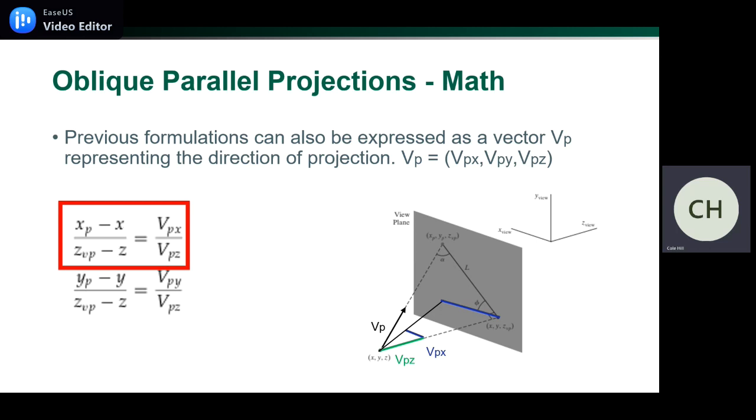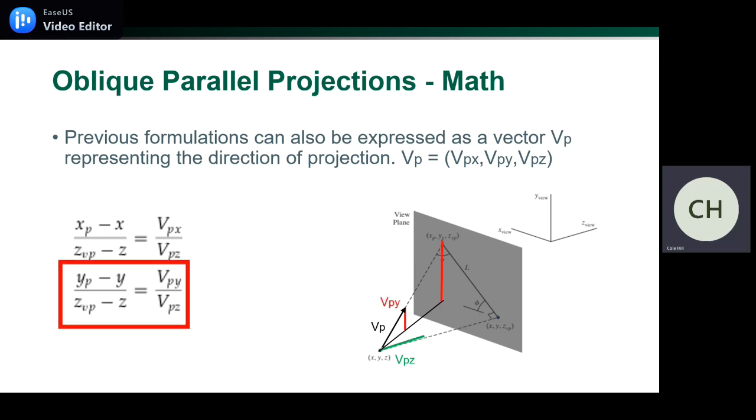The ratio is going to be preserved on the lengths of x sub p minus x. It's going to be equal to v sub px, and z sub vp minus z is equal to v sub pz. You get the exact same thing for the bottom relation, except with the y. You draw a slightly different triangle, but you get the same relationship.